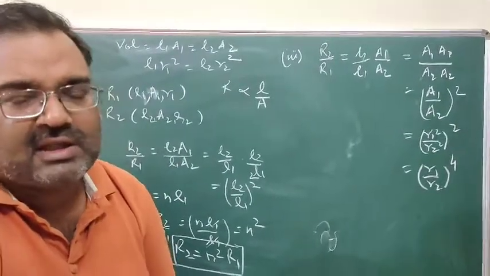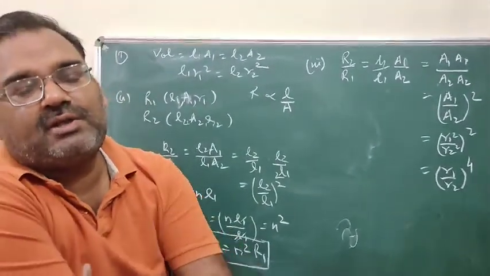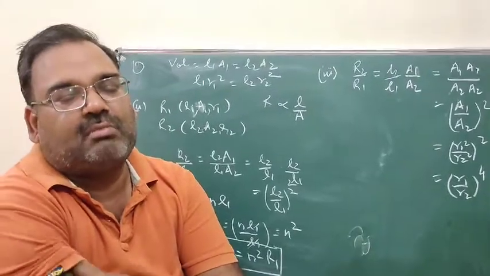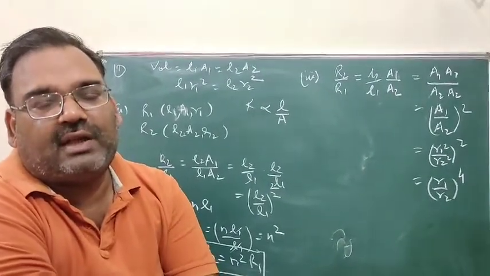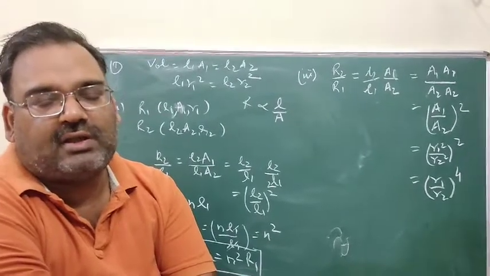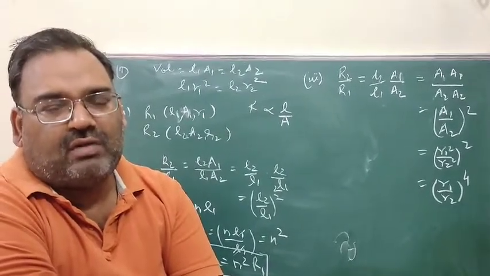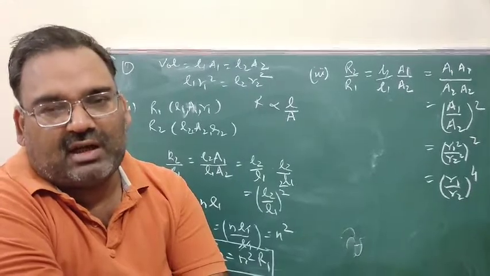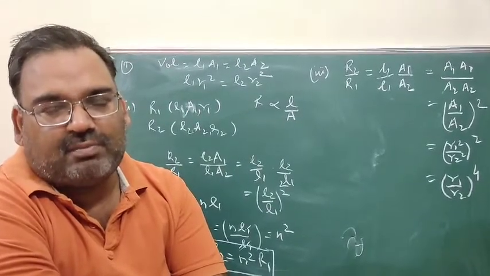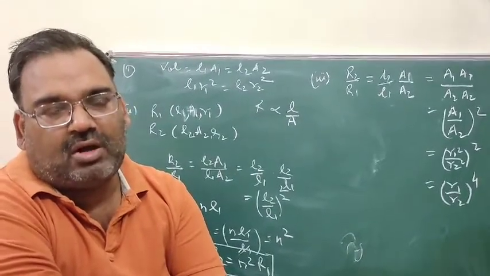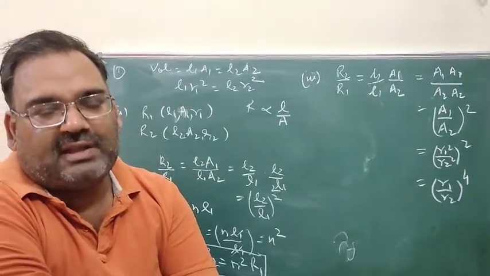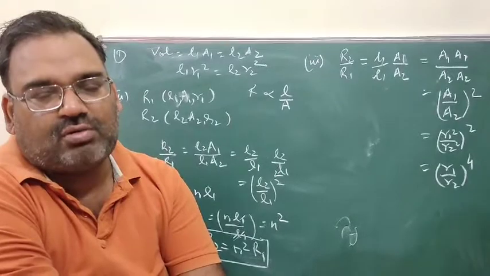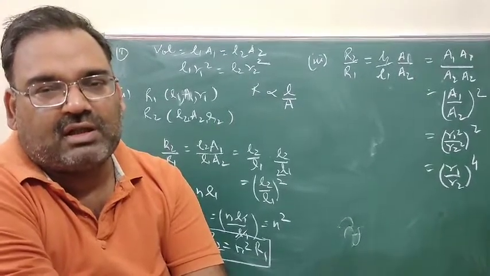In all these cases, the resistance depends upon length and the area of cross section, but the resistivity is independent of length and area of cross section. So whether we are stretching the wire, making its length double or triple, or folding it over itself and increasing the area of cross section, there is no change in the resistivity of the wire.